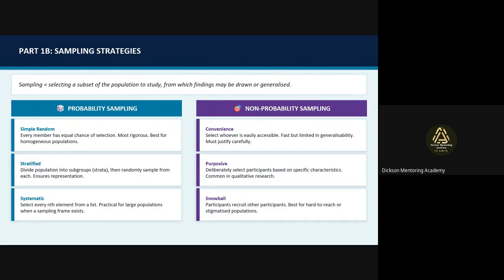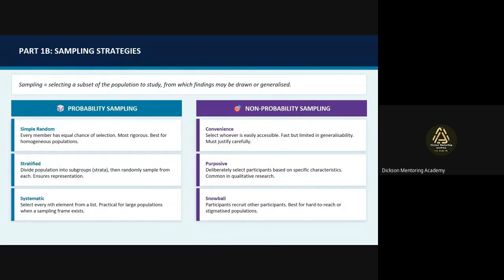For probability sampling, every individual has a known chance of selection. The types of probability sampling are, first, simple random sampling. That is, every member of the population has equal chance of selection.